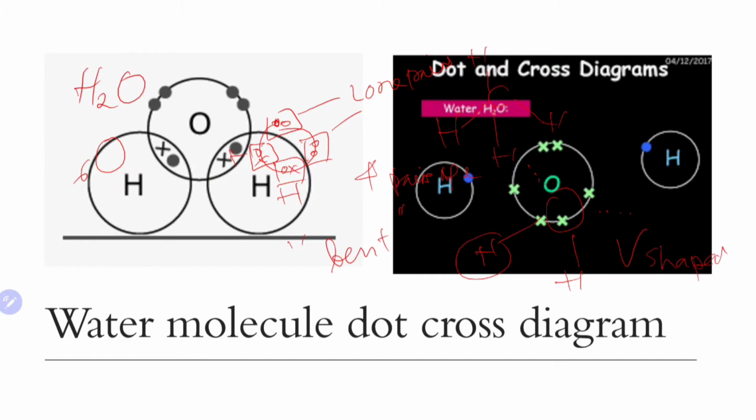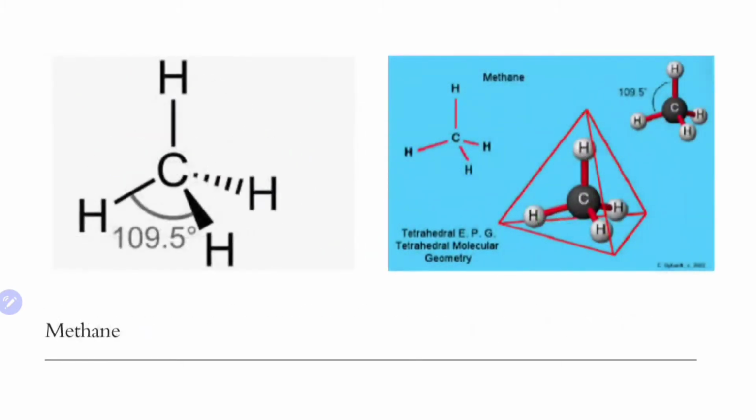Here, CH4. This is the tetrahedral. For water, these two parts of the structure are empty without atom. So the shape will be V, not tetrahedral. If like this, then tetrahedral.